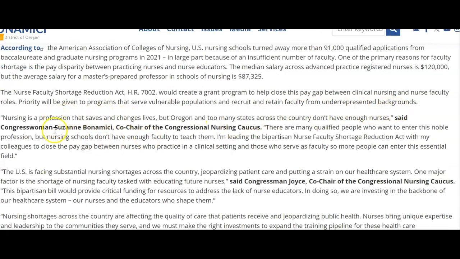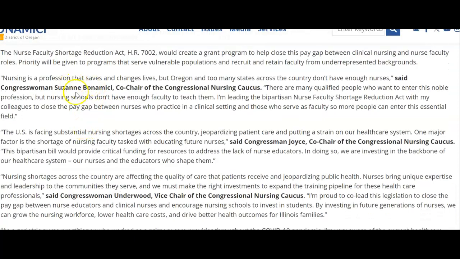Now we start hearing about the congresswomen that are involved. She is co-chairing, and now I'm hearing another new term, the Congressional Nursing Caucus. I've also looked up more information about this caucus and who is on it, and then I can go to her bio to find out more about her.